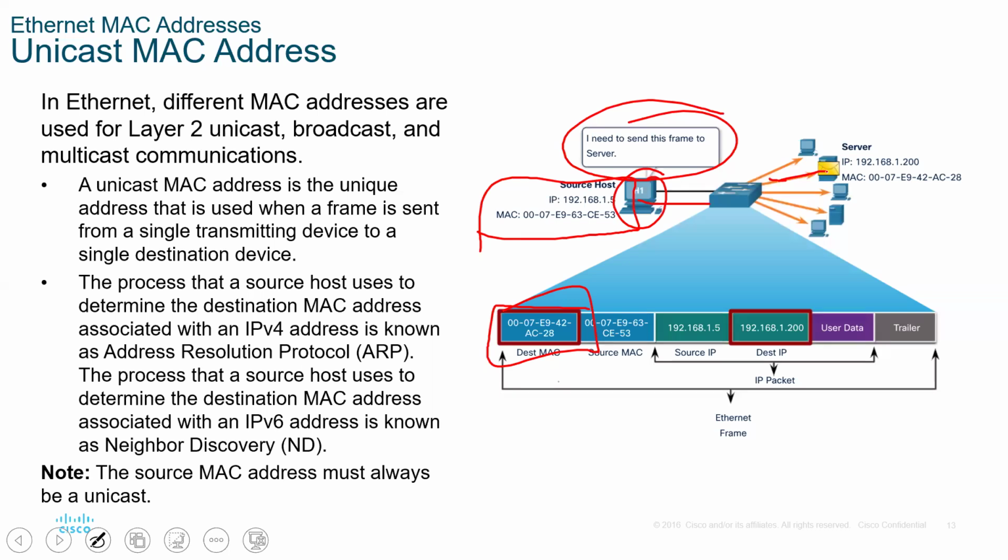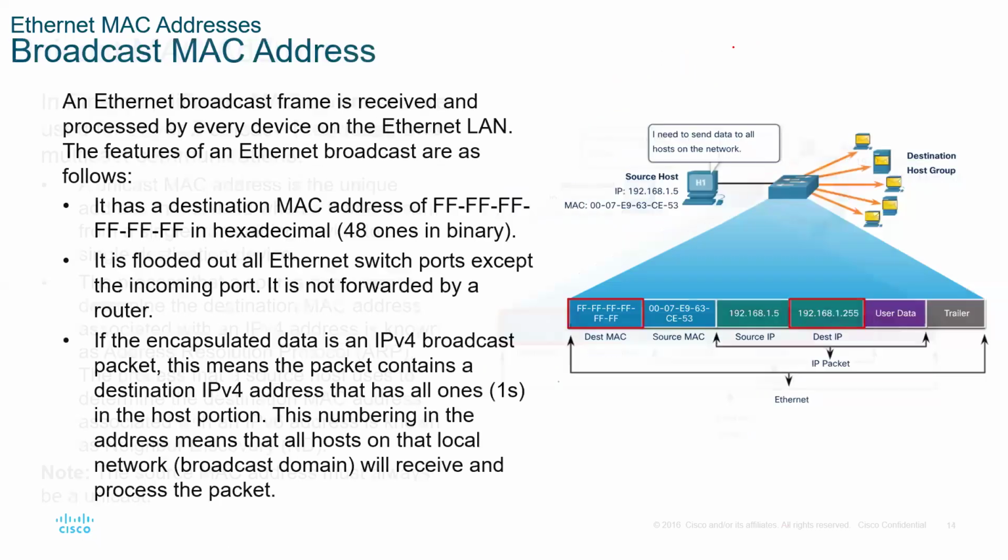So the process that the source host uses to determine the destination MAC address is usually associated with an IP version 4 address, which is known. Sometimes if it doesn't know it, we use what we call ARP, which is Address Resolution Protocol. This is just a protocol that helps to determine the MAC address if the IP address is known. Okay, so that is it.